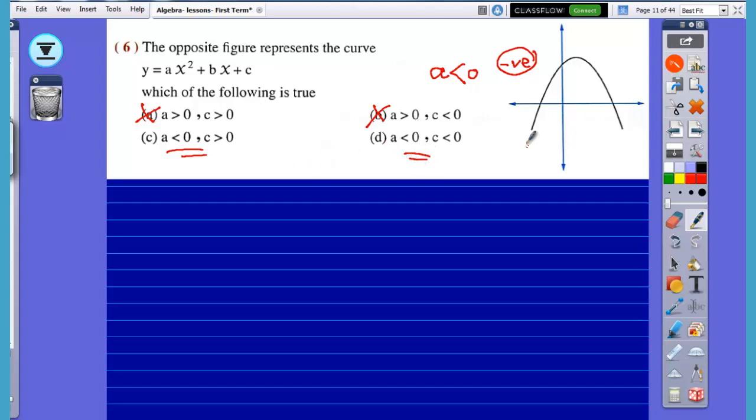Here at this point we have x coordinate equals 0. So what is the value of the y coordinate?